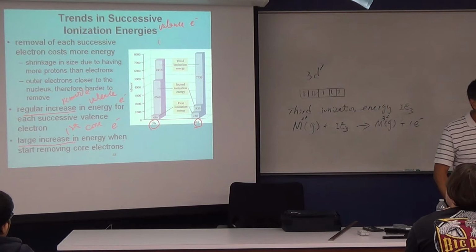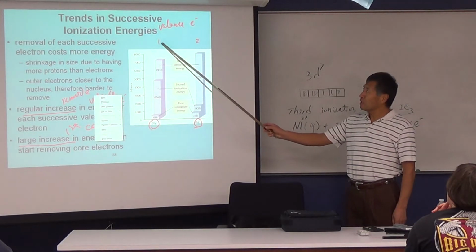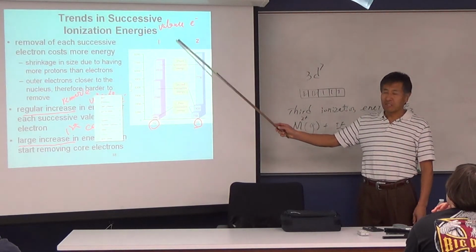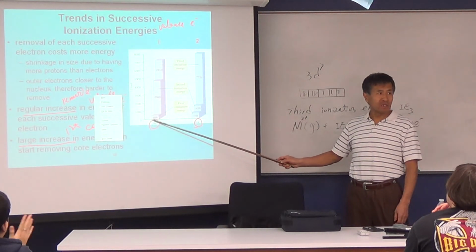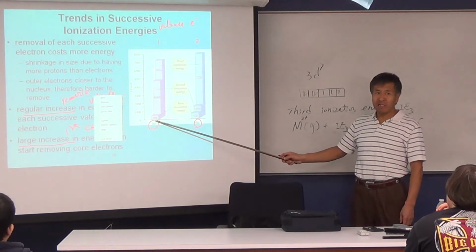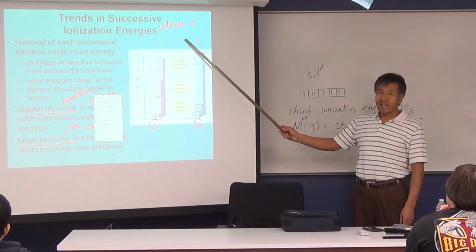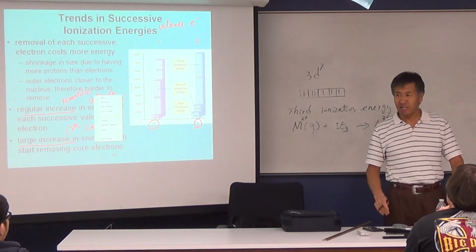Now, how many valence electrons does Mg have? 2. That's 2A, we have 2. Right? So that's why when you remove the first electron, you are removing the valence electron, and that's relatively easy for Na. So after you remove one electron from Na, if you want to remove the second electron, what kind of electron are you removing for Na for the second one?